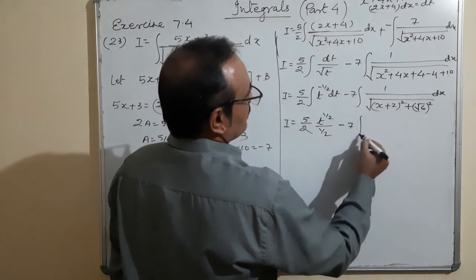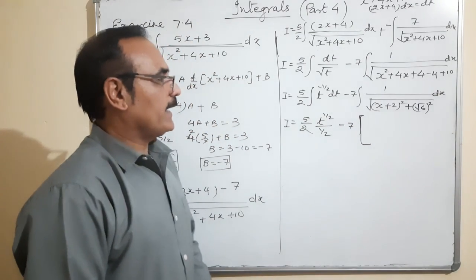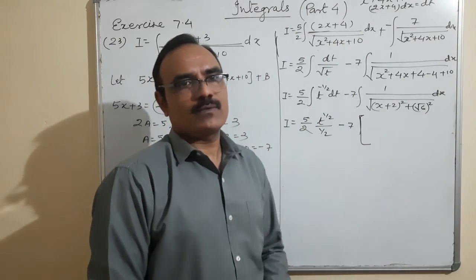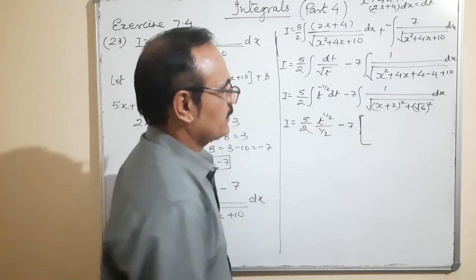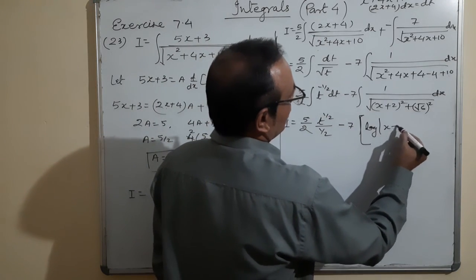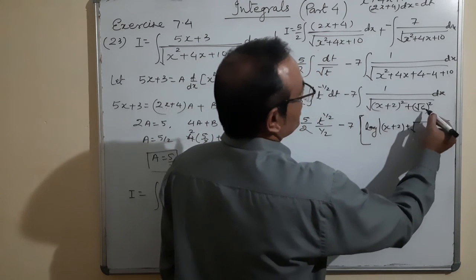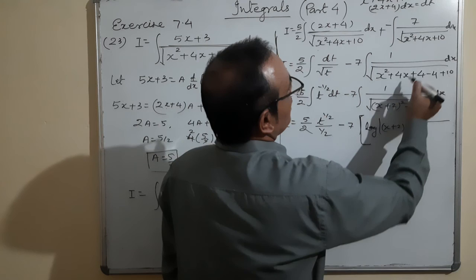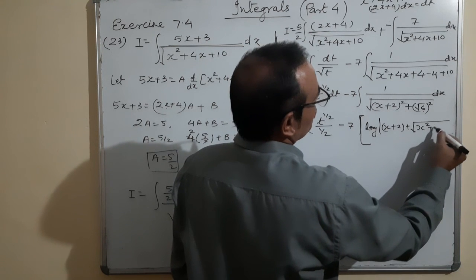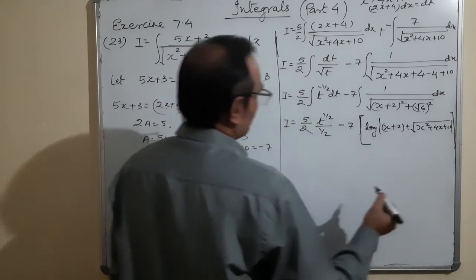Minus 7, and it is a direct formula: 1 upon under root x square plus a square is log of x plus under root x square plus a square. So rather than writing this entire term, I write here x square plus 4x plus 10, plus c.